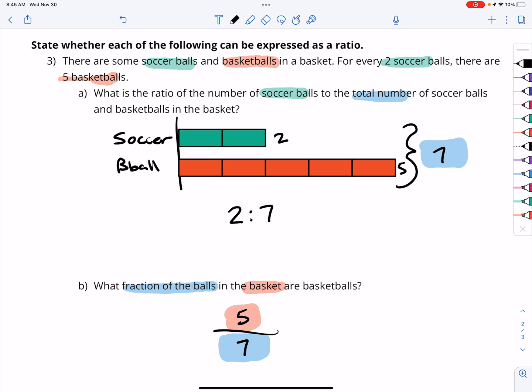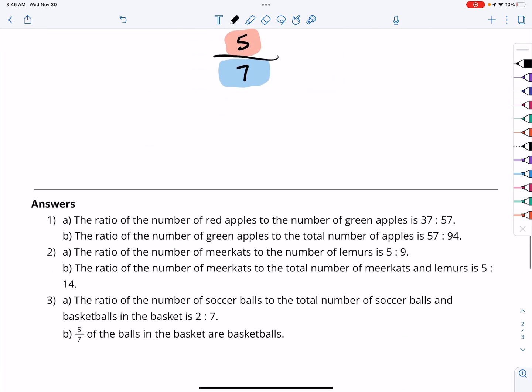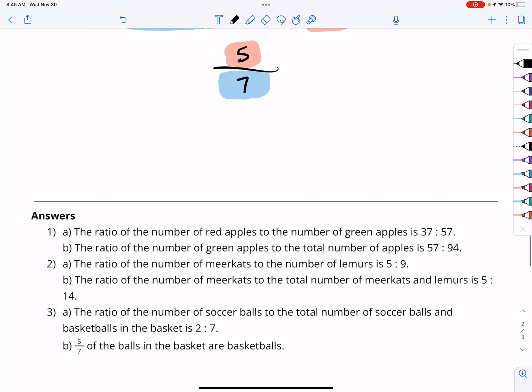So as a fraction, 5/7 of the balls in the basket are basketballs. And that seems to make sense with what we know based on this picture. Our whole bin of balls contains 7, and 5 of the 7 are basketballs. Sweet. And those are going to be correct, except they're just written out in sentences.